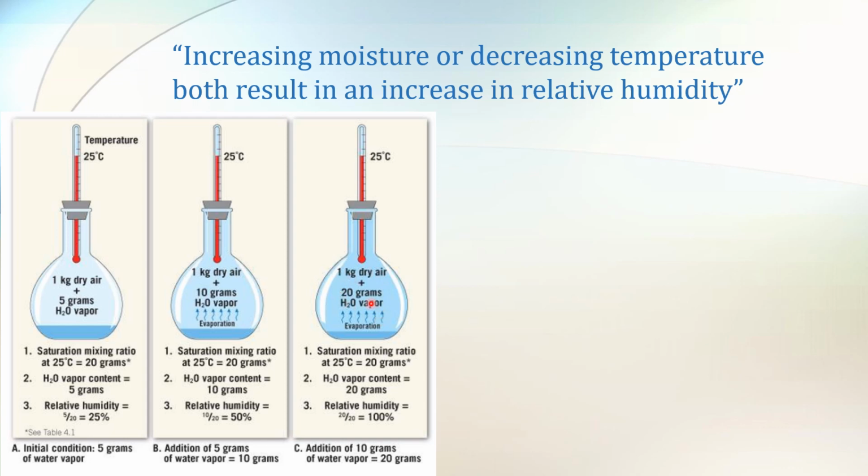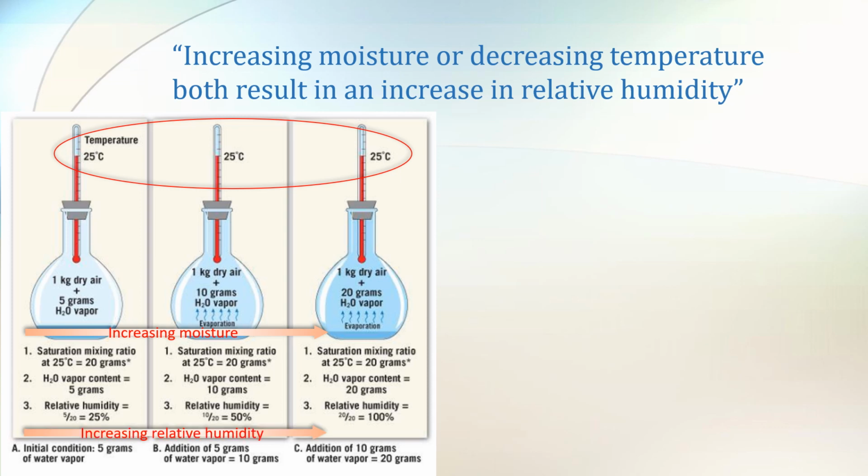As you can see and as I've mentioned, increasing moisture means there is additional water vapor. That is the moisture we refer to here. And with increasing moisture, there is also an increase in relative humidity. You can see that the temperature stays the same, but there is increasing moisture. Therefore, the relative humidity is increasing.